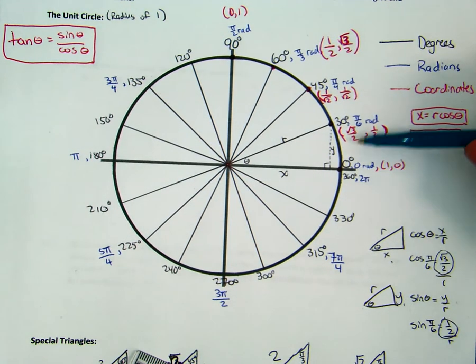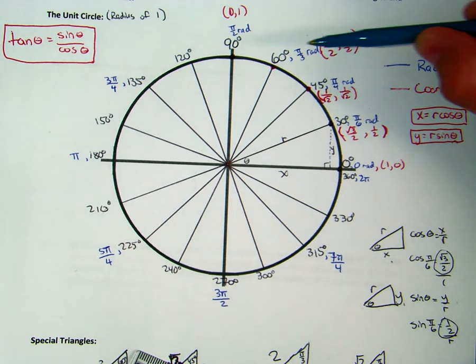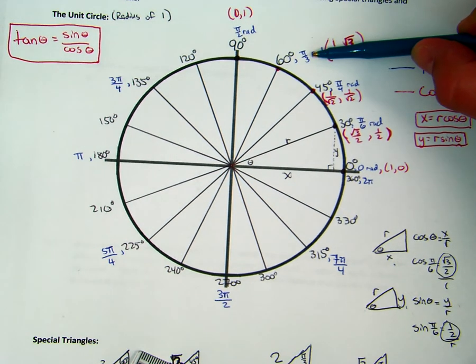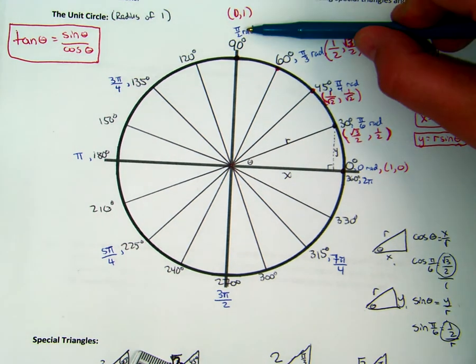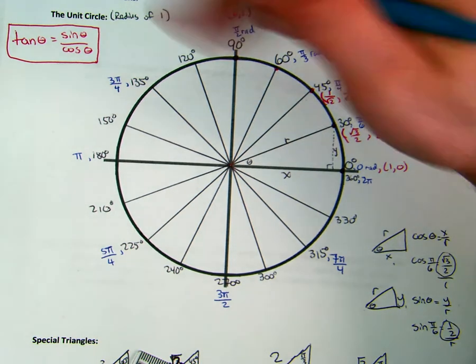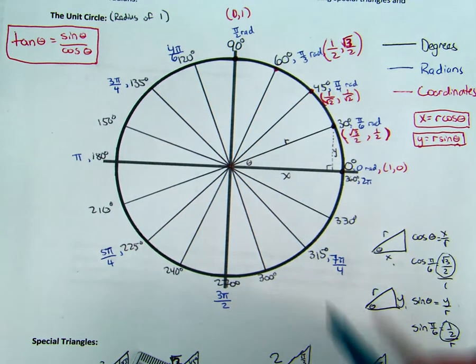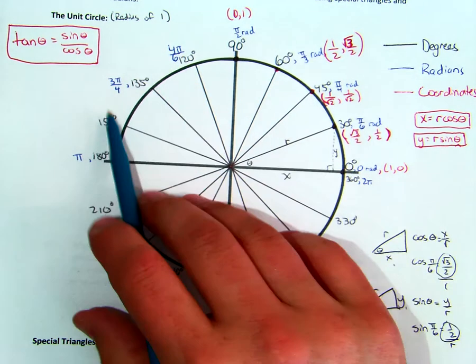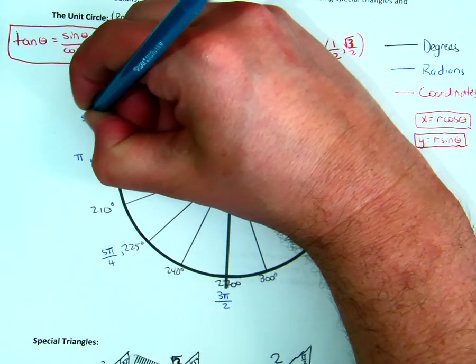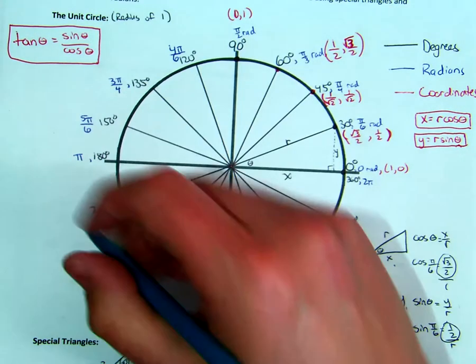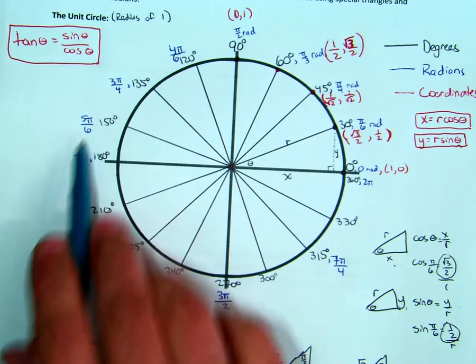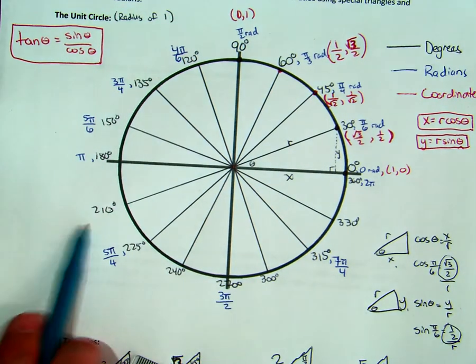So 0, 1 pi by 6, 2 pi by 6 reduces to pi over 3, 3 pi by 6, 4 pi by 6, 5 pi by 6, 6 pi by 6, 7 pi by 6.